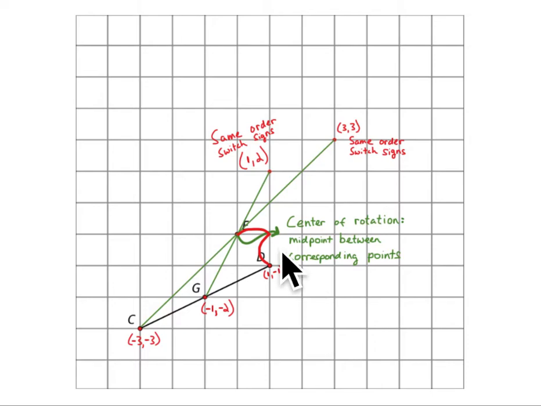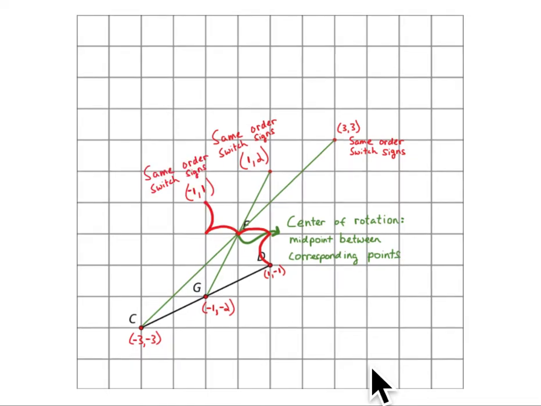So it's a positive 1 and a negative 1 to here. Then to count from the center of rotation, you're going to keep the coordinates in the same order, but switch the signs.